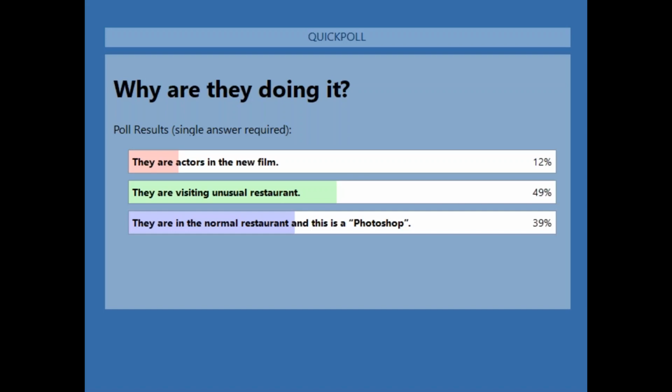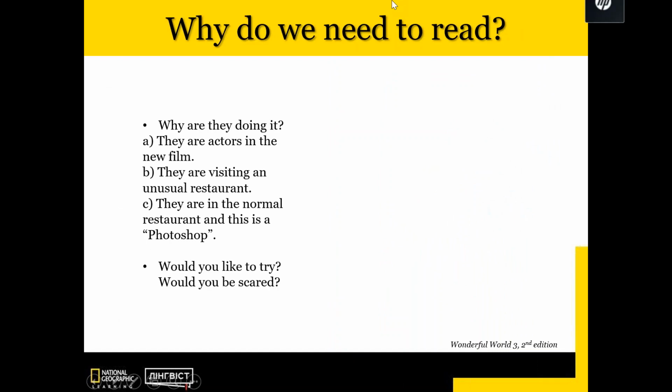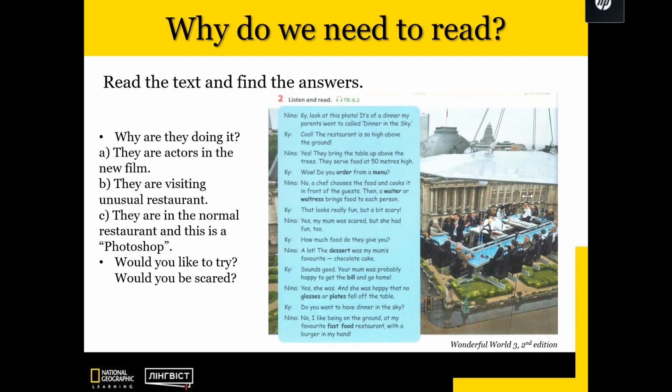You have different ideas. Thank you for that. And just a second, let me show you the screen again. Right. So now you have a chance to look at the text and find the correct answer. So is it A, B, or C?